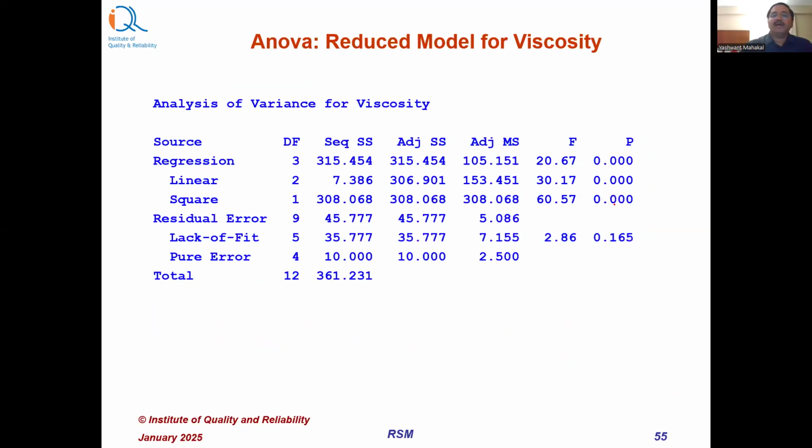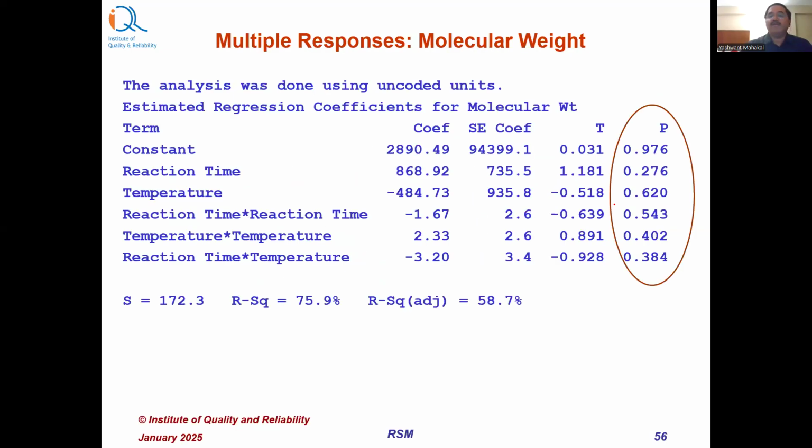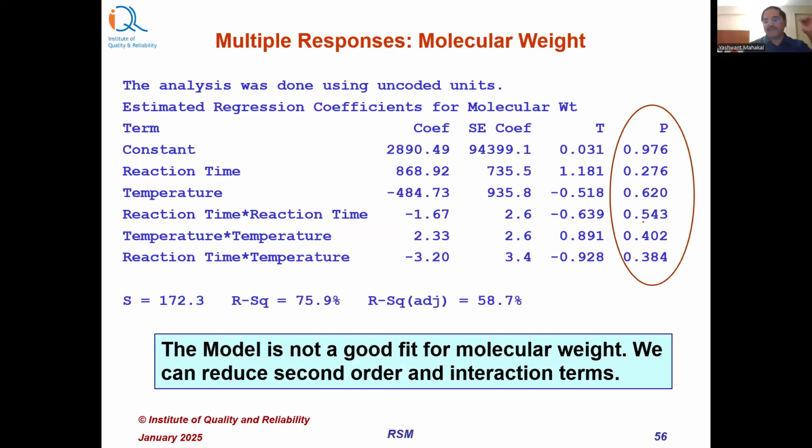And then there is molecular weight, and for molecular weight you can find the p-values are not significant at all. So the model is not a good fit for molecular weight. We can reduce second order and interaction terms. So we will not use this at all. So this can be reduced. Okay.